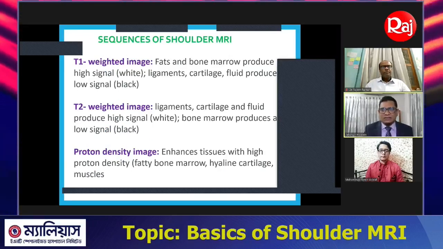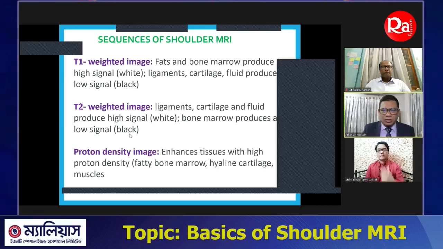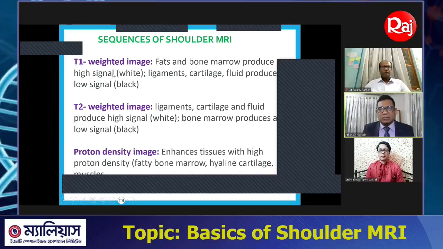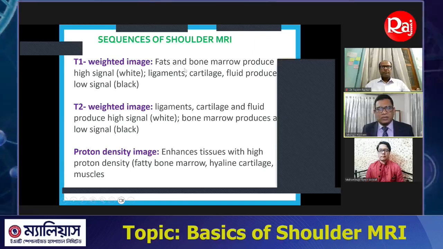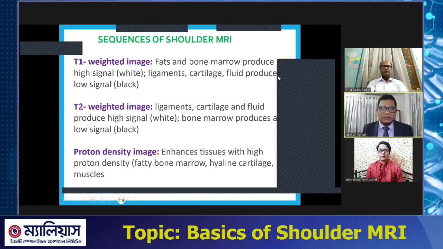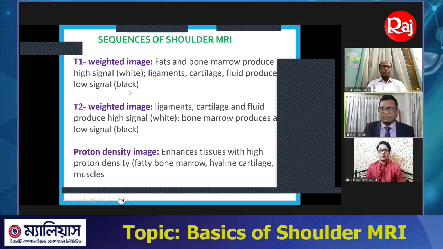Next, the sequences of the shoulder. This also we must remember: T1 weighted image, T2 weighted image, and proton density, PD. In the T1 weighted image, as everybody knows, fat and bone marrow produce high signal, that means white, whereas ligament, cartilage, and fluid produce low signal, which is black in the MRI film.